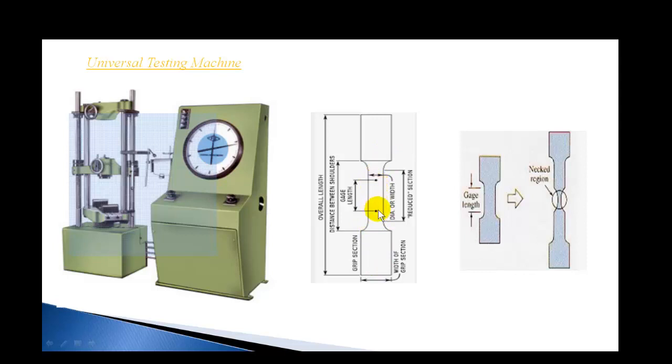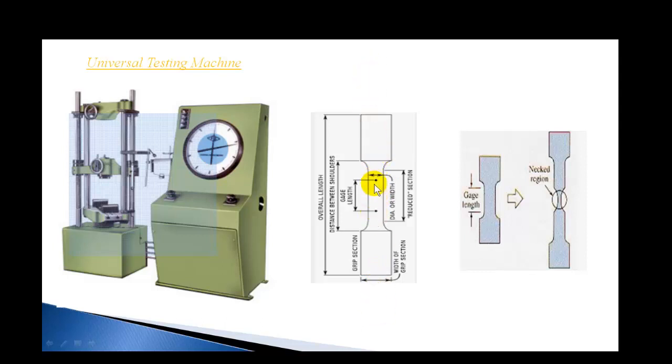The distance between these 2 marked points is known as the gauge length, and the deformation is measured in this gauge length. The forces are applied on the ends through the grips, where the specimen will be fixed on the jaws of the UTM, so both the ends will be fixed on the jaws of the UTM and tensile forces will be applied.